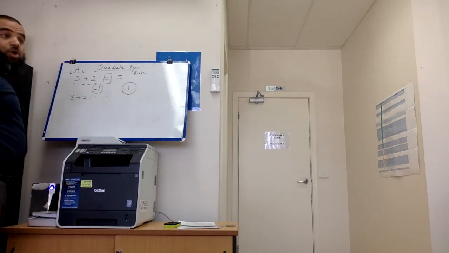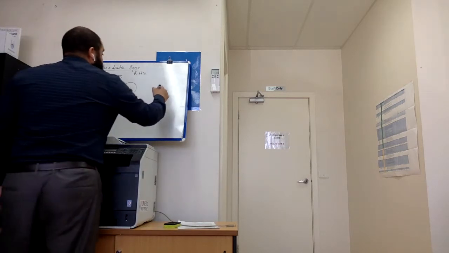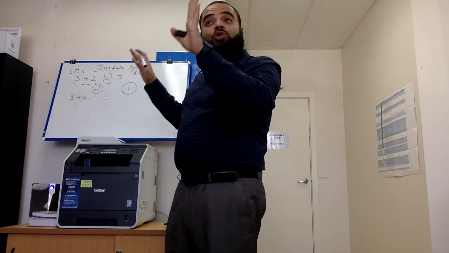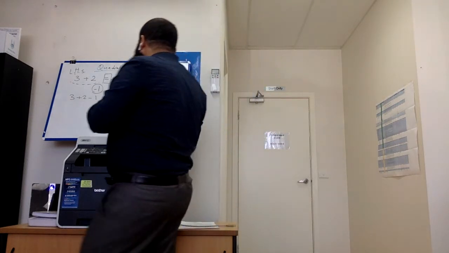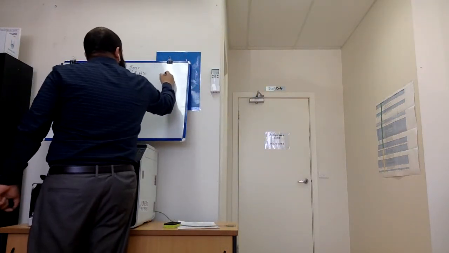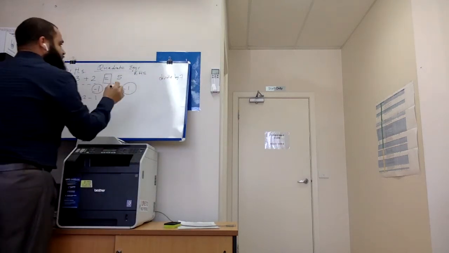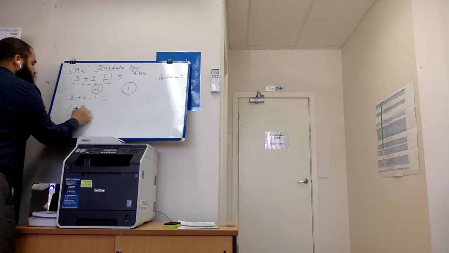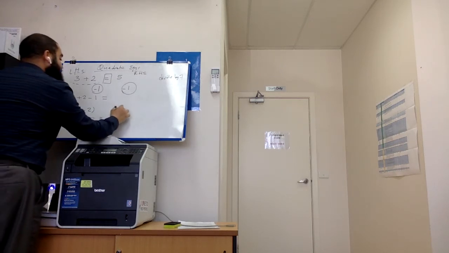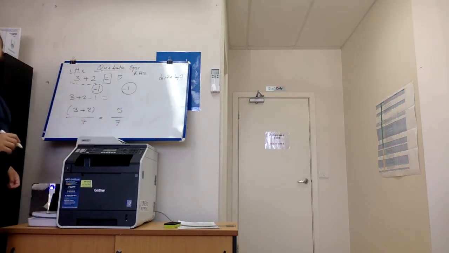So whatever I do on the left-hand side, I must do the same on the right-hand side. Also, if I need to apply something to the whole equation, I apply it to both sides. For example, if I need to divide by 7, this means I make 3 plus 2 divided by 7 equals 5 divided by 7.